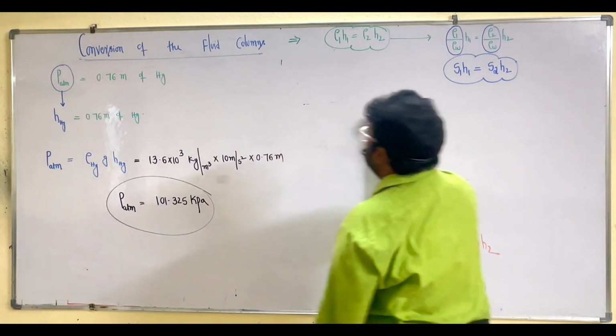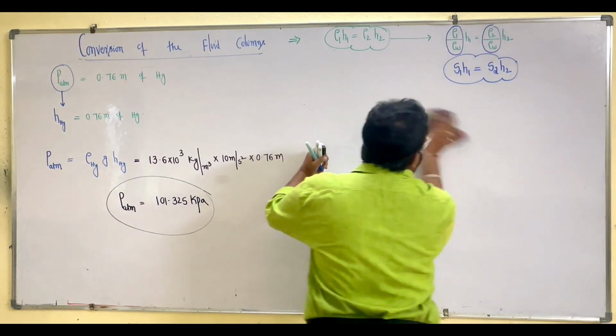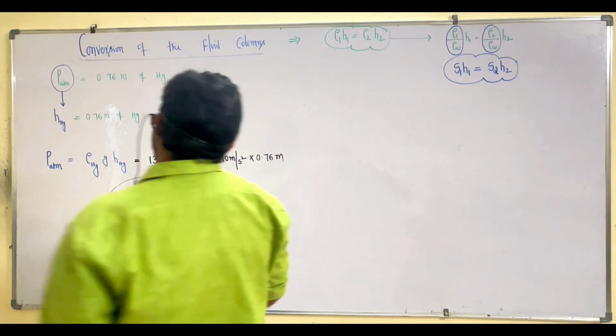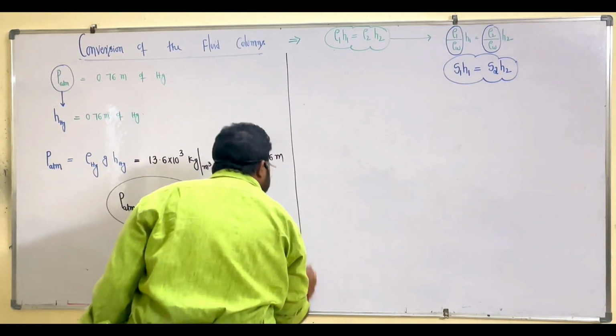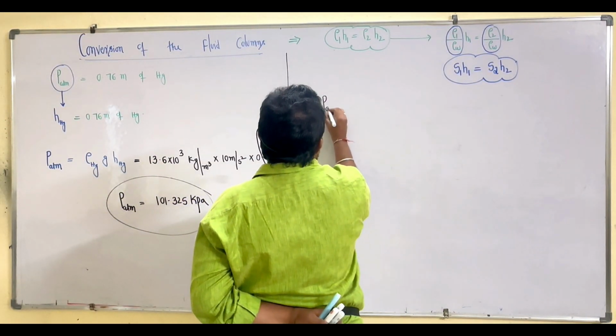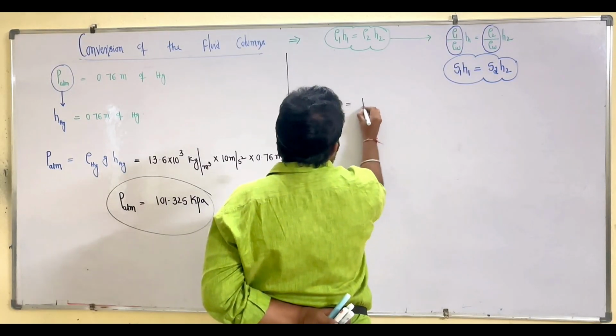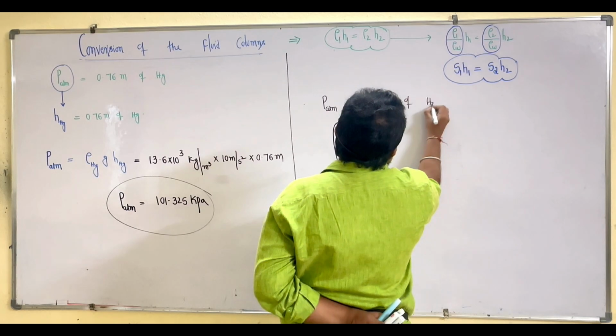In the same manner, what is the P atmospheric equal to? 10.3 meter of water.